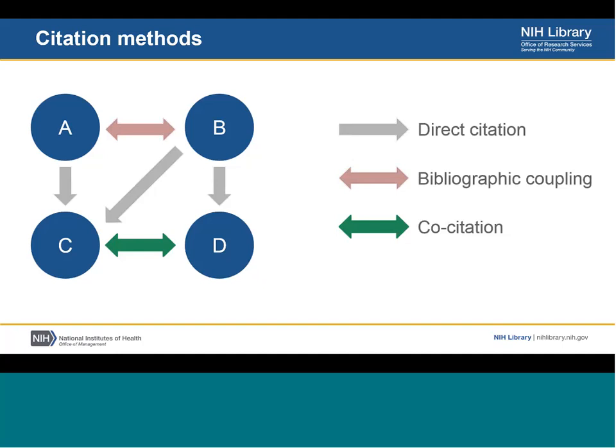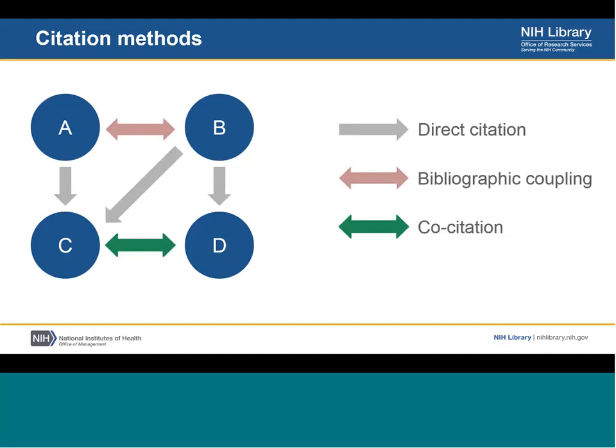With bibliographic coupling, what's interesting is the links that are created are fixed in time. They don't change. Because they're based on references, they're retrospective, and so something is connected to a previous document, and that connection stays even if you add new documents to the network.